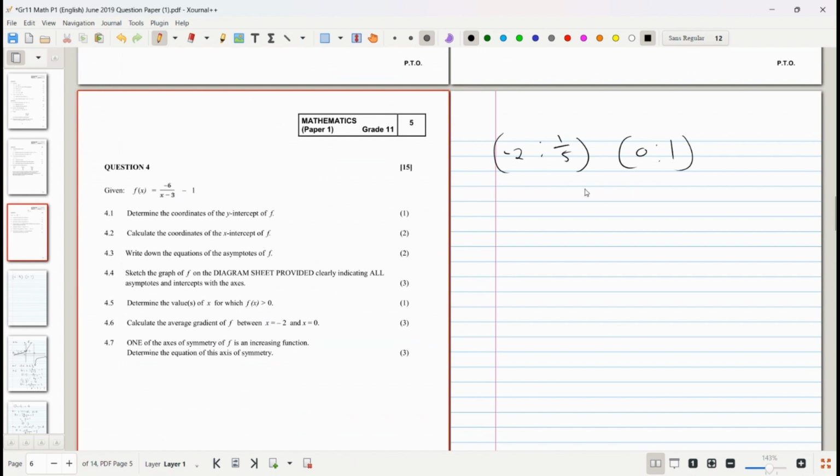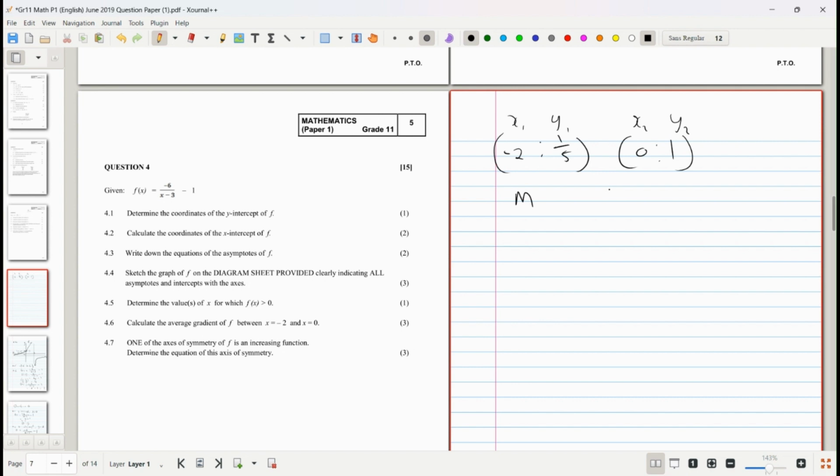From these coordinates, we can find the gradient. We can name the first one x1, y1, and the second coordinate x2, y2.